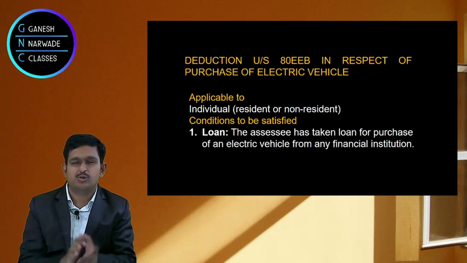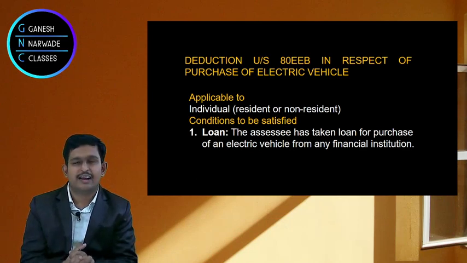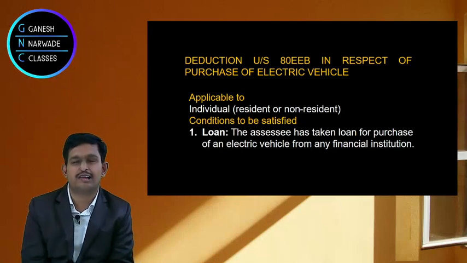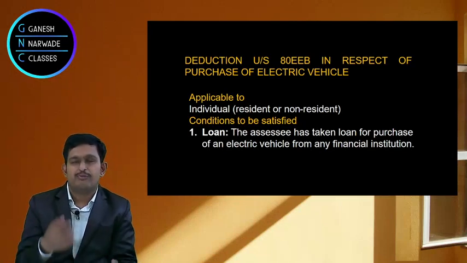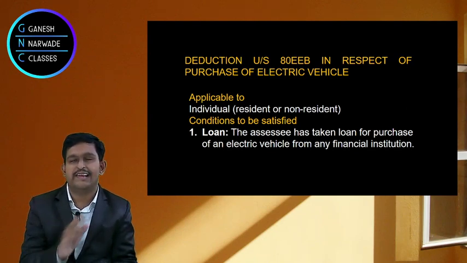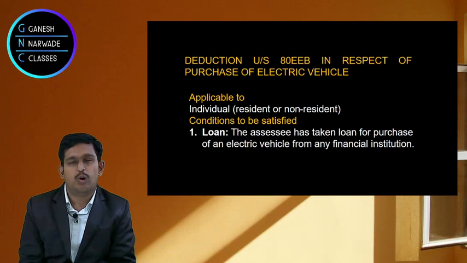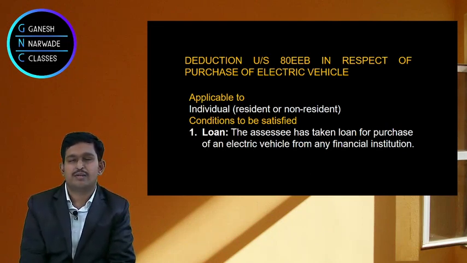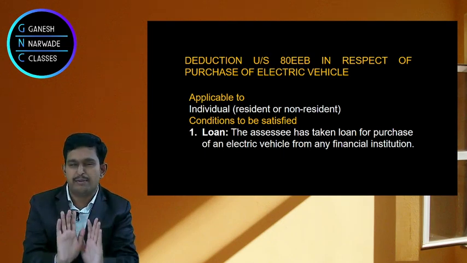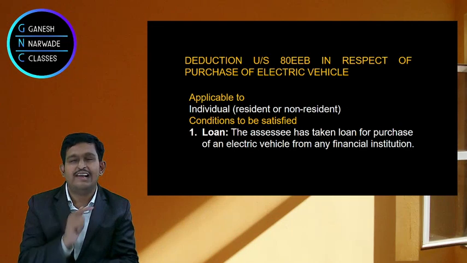Is it given to any assessee? No sir, it is given to an individual, resident or non-resident only, sir. Okay. From where should you take the loan? Sir, the loan should be taken from any financial institution. Means what? It may be a bank or NBFC.